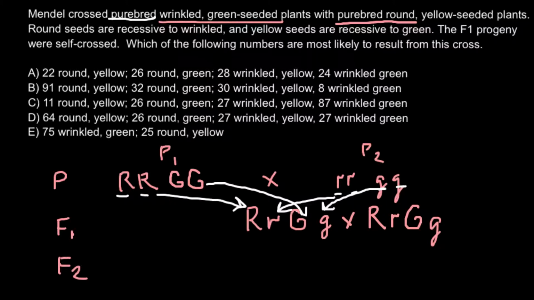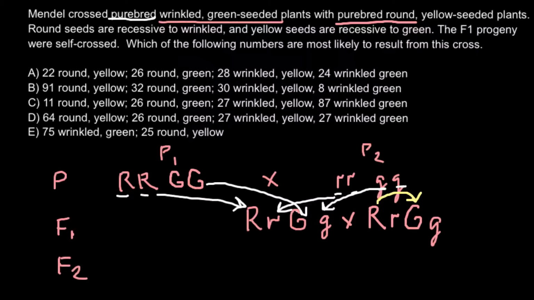So now let's think what kind of gametes each parent can produce. Gametes are haploid, so we can choose only one allele out of each allelic pair. For example, within this pair we choose the capital R allele, and within this pair we choose the capital G allele.